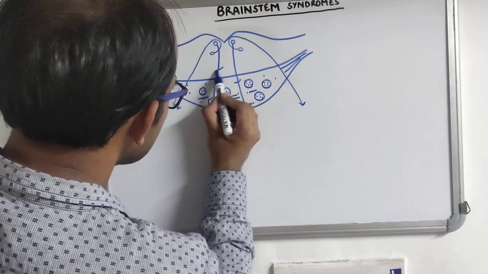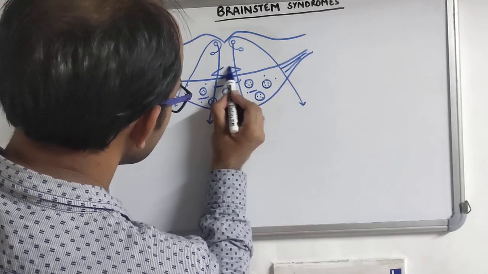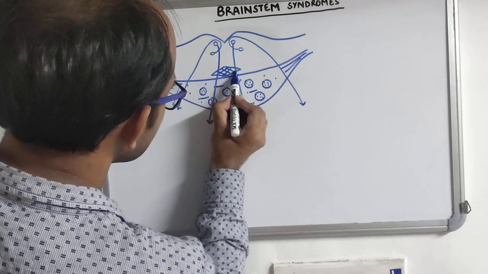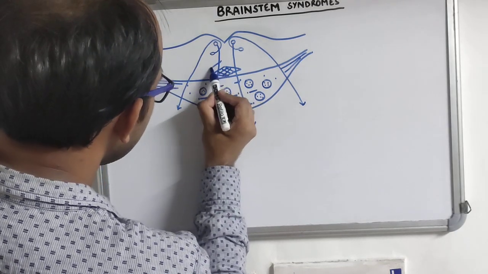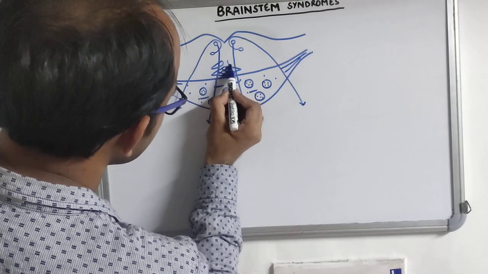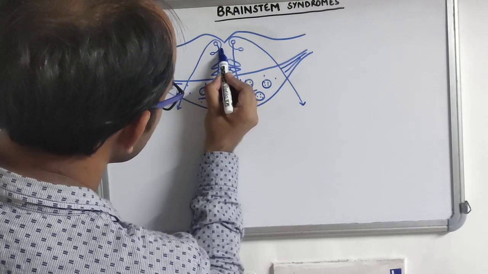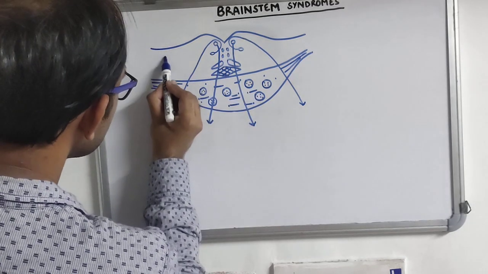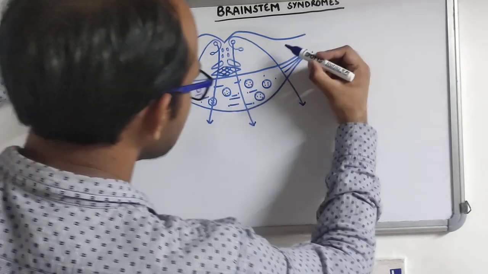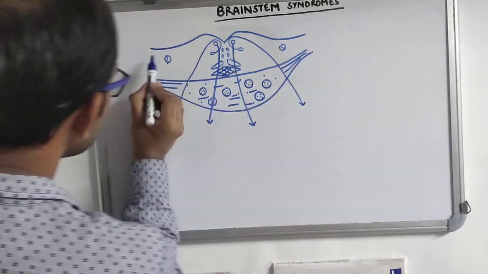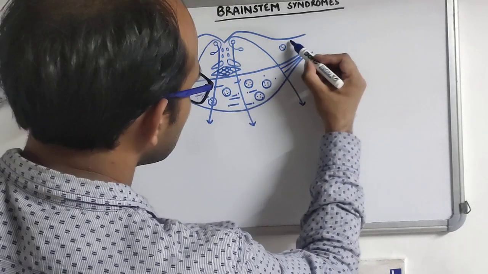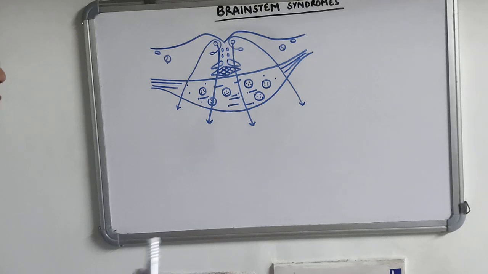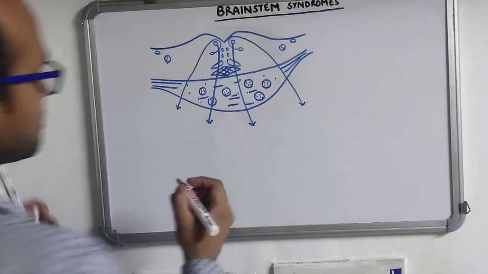This is the trapezoid body here. This is the medial lemniscus. This is the spinal nucleus and tract of the trigeminal nerve. This is the vestibular nucleus and cochlear nucleus. So we'll talk about the important structures here.